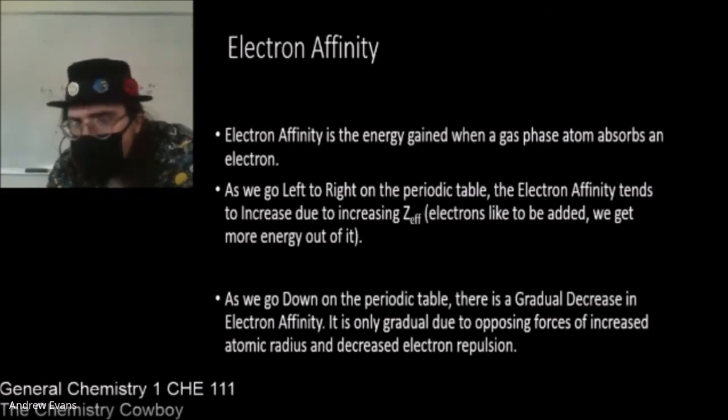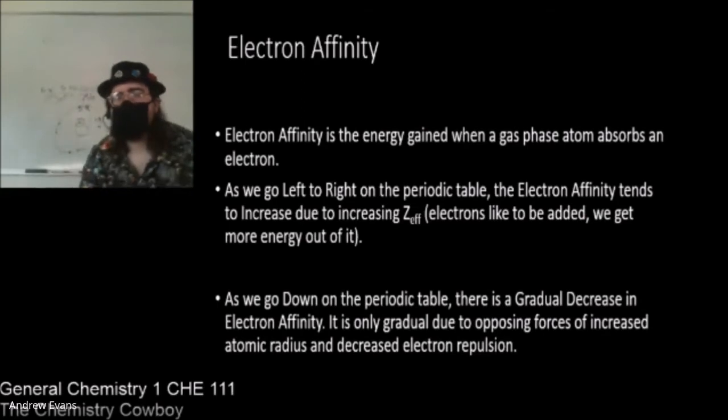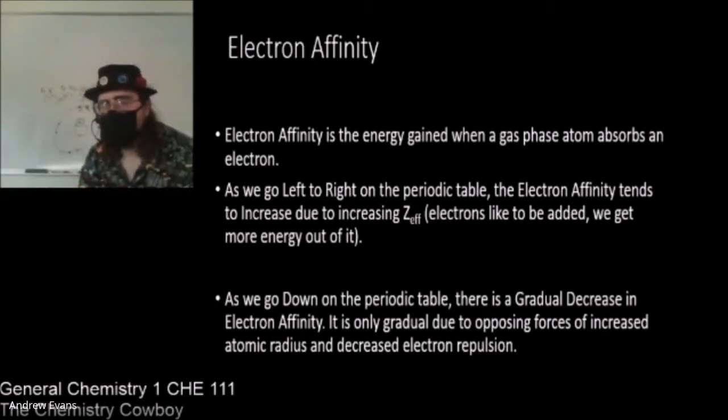As we go down the periodic table, there is a gradual decrease in electron affinity. Now, this is only a gradual decrease as opposed to a large decrease because of 2 opposing factors. Even though Z effective is not really going up, the added atomic radii means there's less electron repulsion.